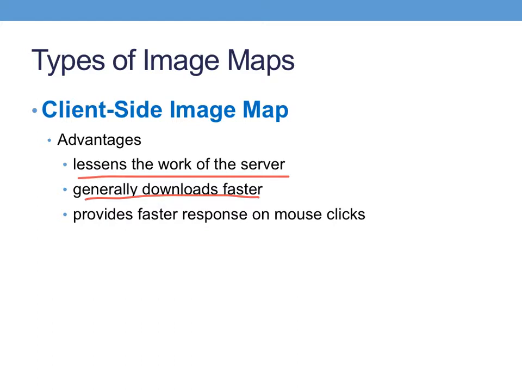And as a result of that, it just provides a faster response. The client-side image maps require a little bit less work and can work a little bit faster, so even though you run the risk of it maybe not working within all browsers, it's really more likely to just be quicker, easier, and if you include text links, if that image map for some reason does malfunction, your user can still navigate your web page.